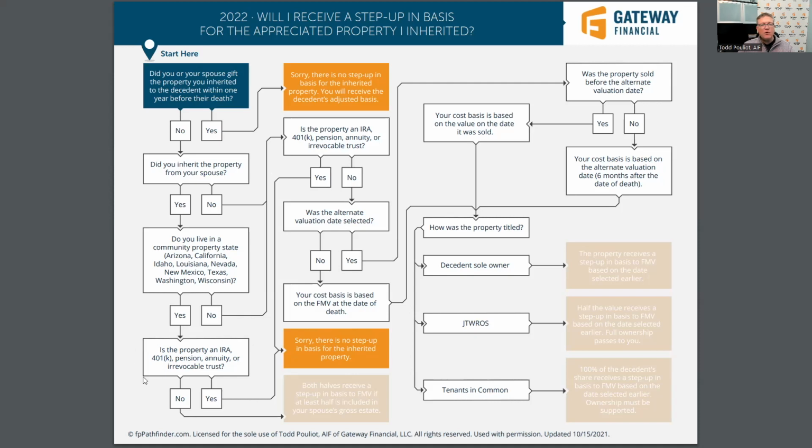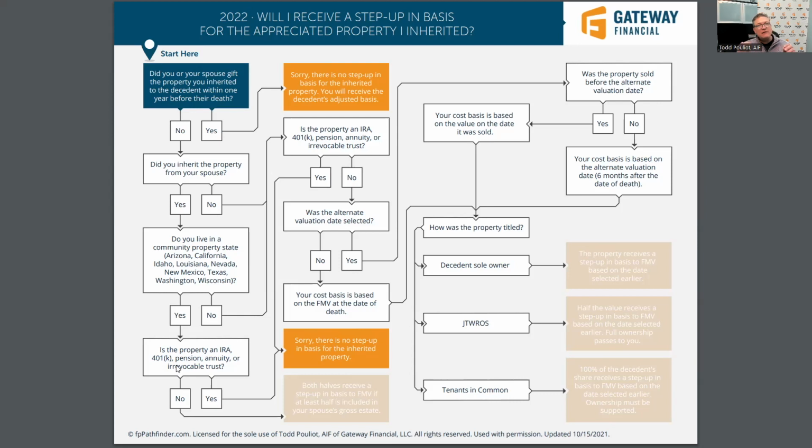And I can hear you all watching this going, well, why not? That's not fair. Just remember, we don't need a basis on those types of properties, because as they're paid out, they're taxed at income rates. So, yes, it's bad news there's no step up, but just understand why: you really don't have to track a cost basis inside of there.